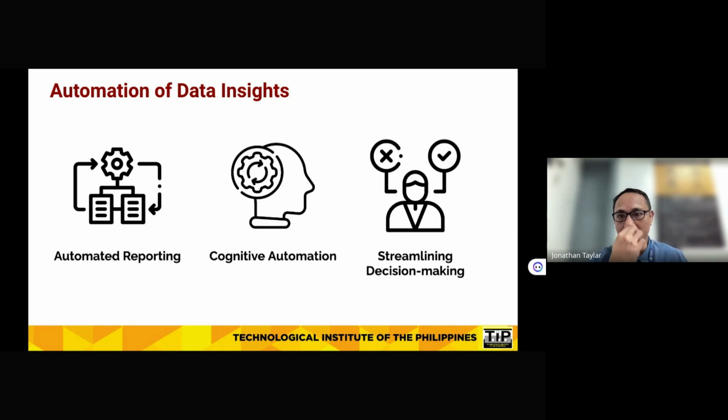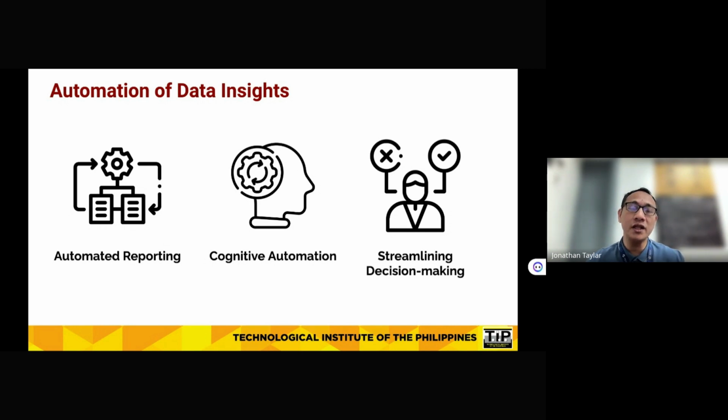When you do automated reporting, it involves the use of AI and data analytics tools to generate reports automatically from raw data without the need for manual intervention. These reports can include visualizations, summaries, and key insights derived from the data.